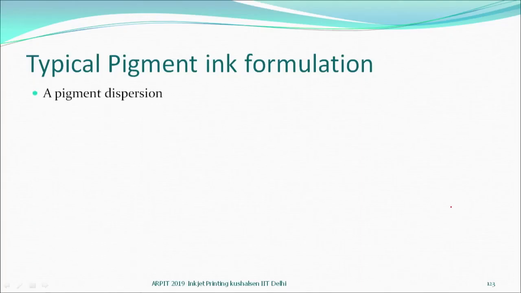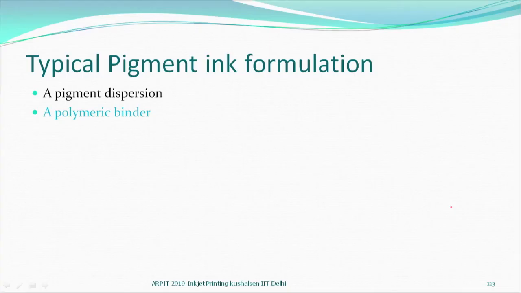Process is simple: print, dry, bake, you are done. But just to give a glimpse of what a typical pigment ink formulation may have. Of course, it has a pigment dispersion which is required. There may be a binder.